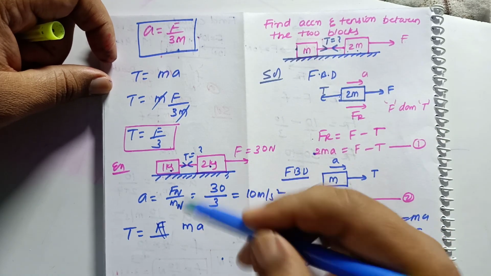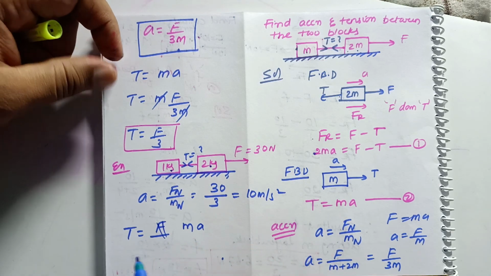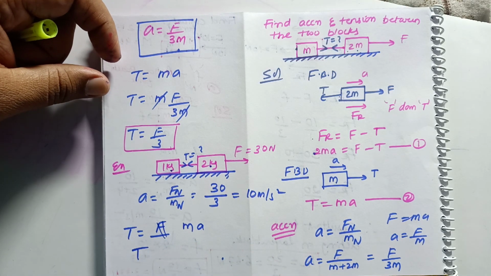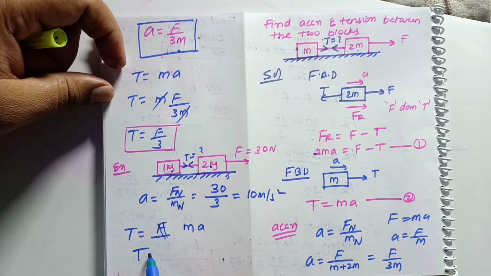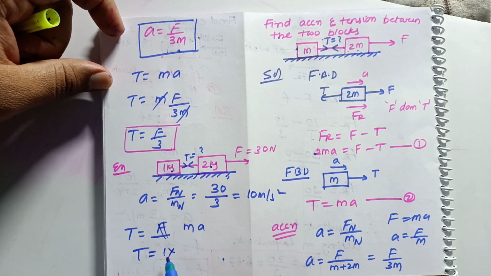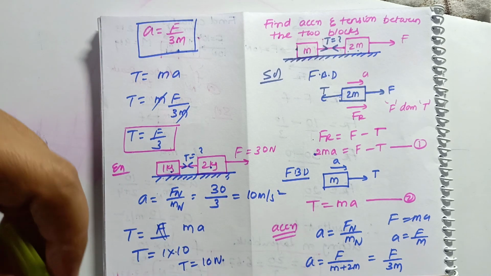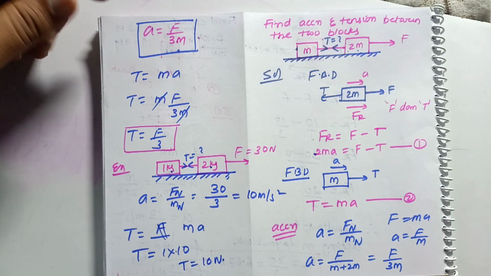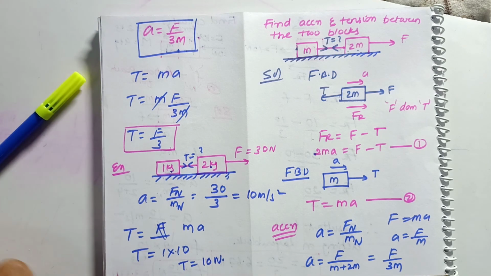Just to understand, I am giving this as an example. So mass small m I am considering as 1 kg, and acceleration I got as 10 here. So tension is going to be how much? That is 10 newtons. This is the answer we are getting here. Okay, so it's very simple. Hope you have understood this one.